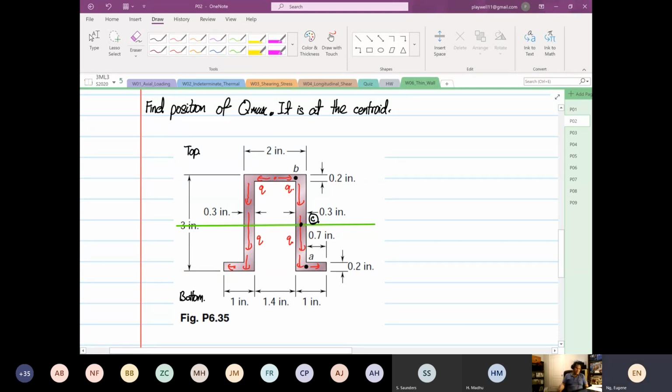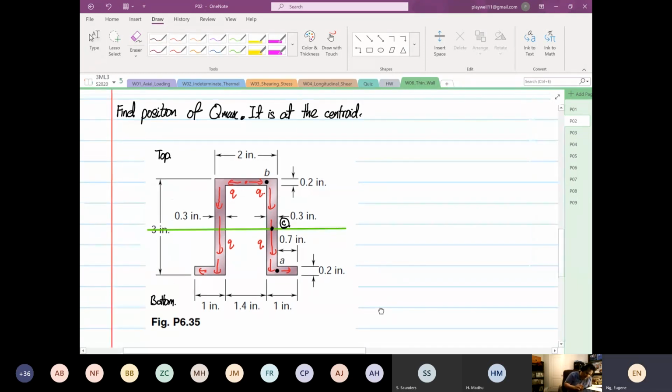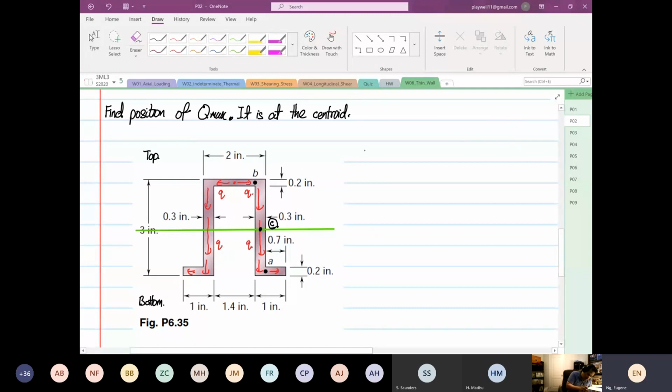I want to show you, this is just to show you. I want you to have the confidence. Okay. So we are going to find the shear stress at point C from the top by analyzing the top.